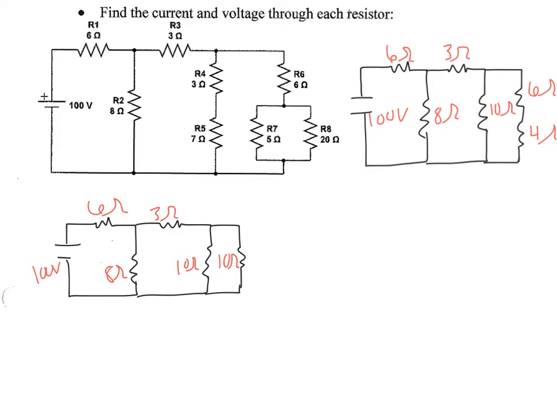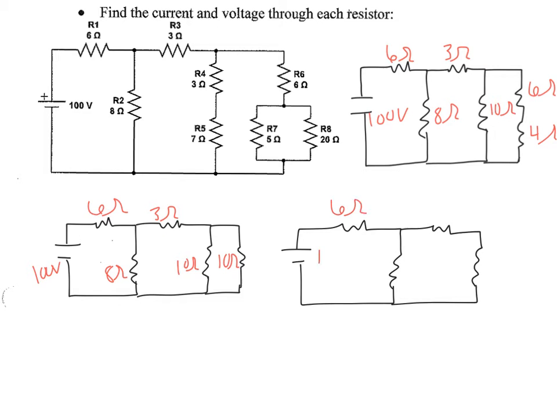Okay, now what I'm going to do is combine the two that are in parallel. So 6 ohms, 100 volts, 8 ohms, 3 ohms, 1/10 plus 1/10, and then the inverse of that, 5 ohms.